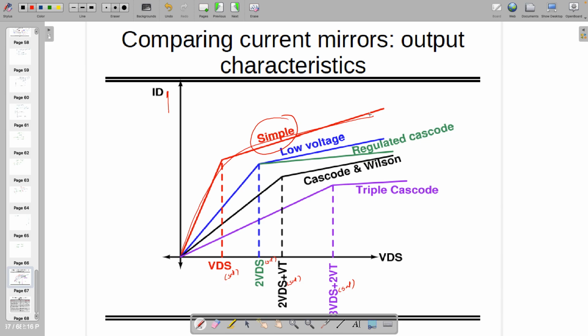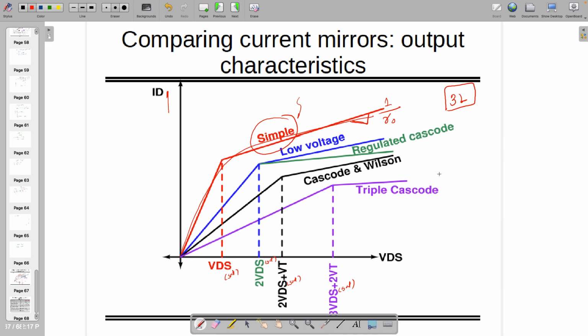I'm drawing it as per our requirement. If you are in saturation mode of operation, the slope is 1 by R0, right? That is going to decide many other things, like channel length modulation. You can fix it by keeping 3L generally, just to get rid of it, right?